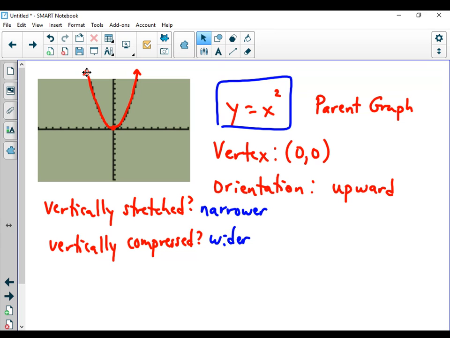Or how can I change that equation to make it go to the left, or make it go to the right? How can I change my equation to where the new graph would be narrower than what it was before, or wider than what it was before? Maybe I'm trying to take this equation, instead of opening upward, how do I make it open downward? All right, so you're going to be asked to make some changes to the equation in order to get some desired results.